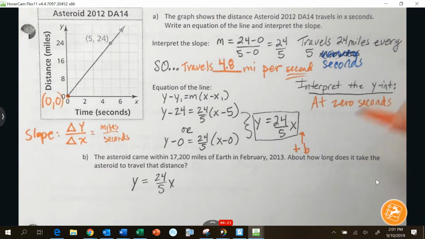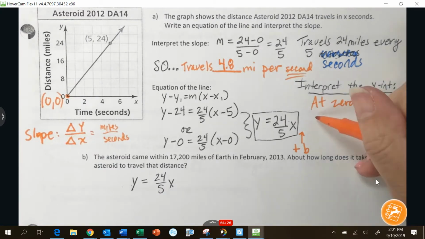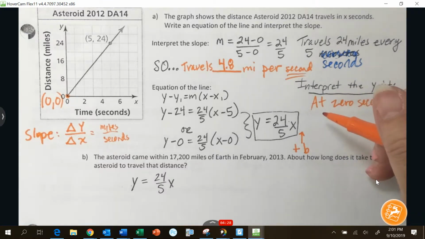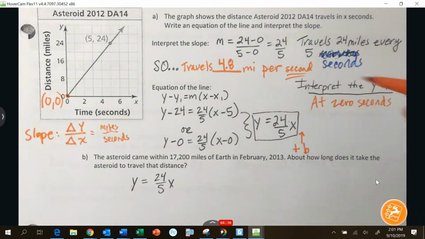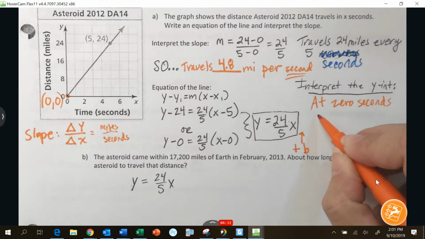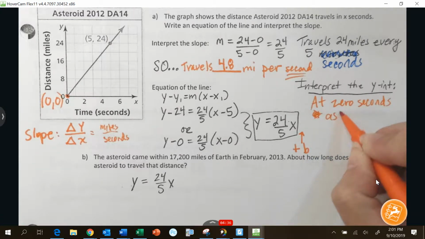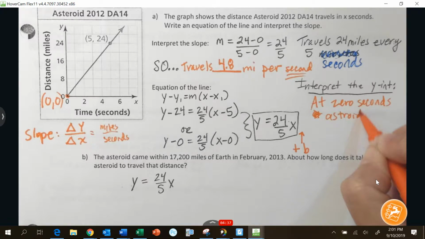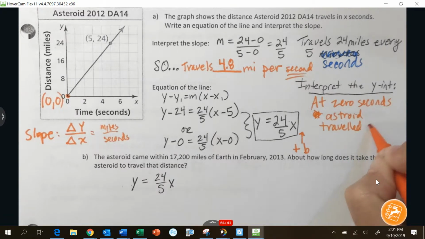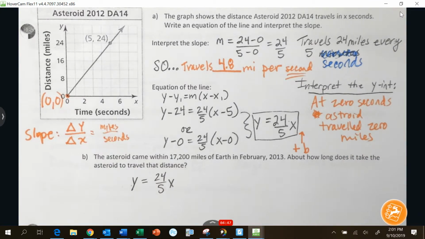I wouldn't say there is 0 miles. I would say it's traveled 0 miles, because that's what we're talking about, how far an asteroid travels. The asteroid traveled 0 miles. It's kind of like a starting point. It's not always going to be 0, 0.